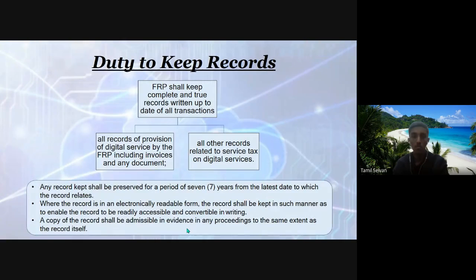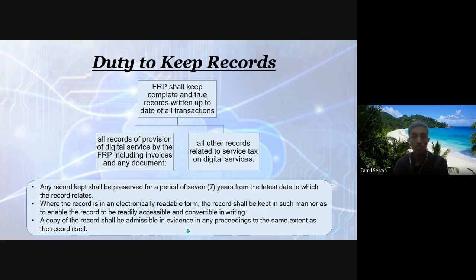Duty to keep records. The FRP shall keep complete and true records, written up to date, of all transactions, all records of provision of digital service by the FRP, including invoices and any documents, and all other records related to service tax on digital service. Any records kept shall be preserved for a period of 7 years from the latest date to which the records relate.